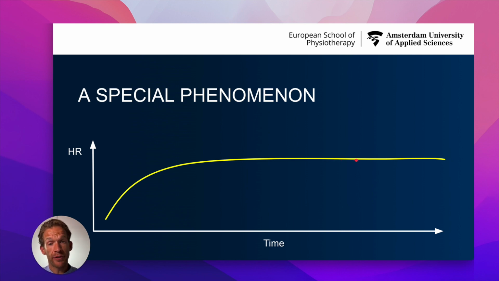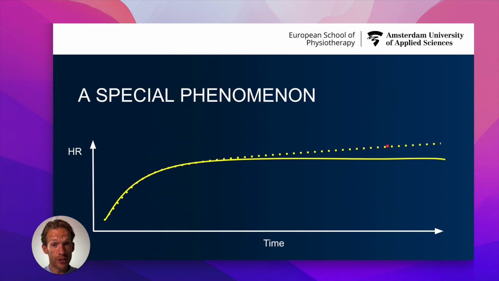But sometimes in very extreme conditions, for example, if there's very hot conditions and someone is sweating a lot, or for other reasons losing blood volume, then what you could expect is what we call a cardiovascular drift. So in contrast to the steady heart rate, you could see a small increase in heart rate, not because of an increase in intensity, but because of a reduction in blood volume that is then leading to a reduction in stroke volume.